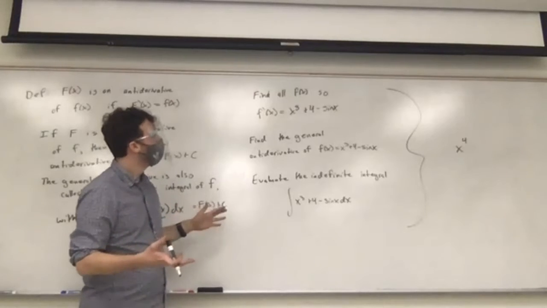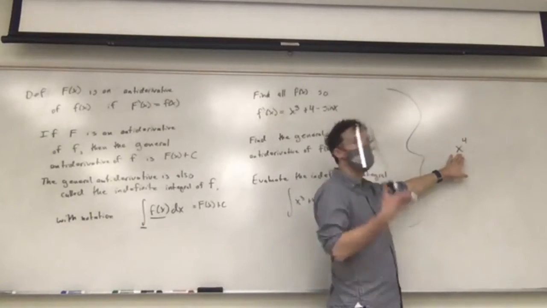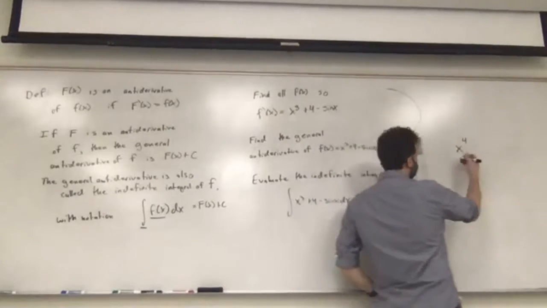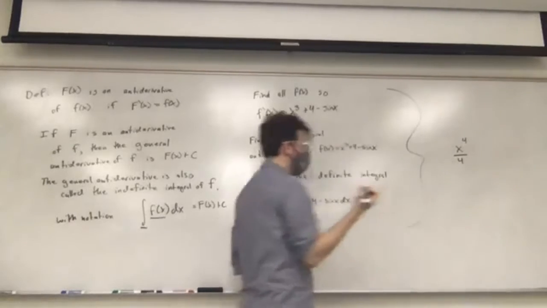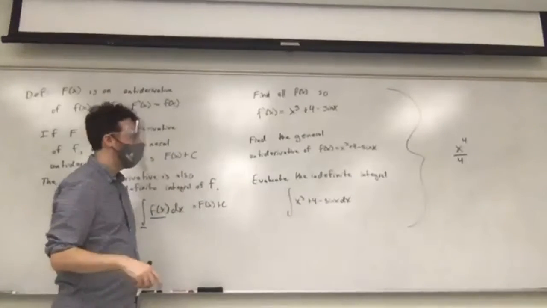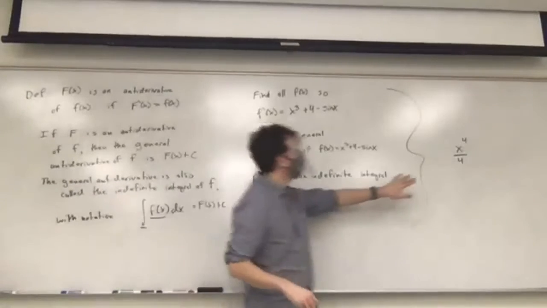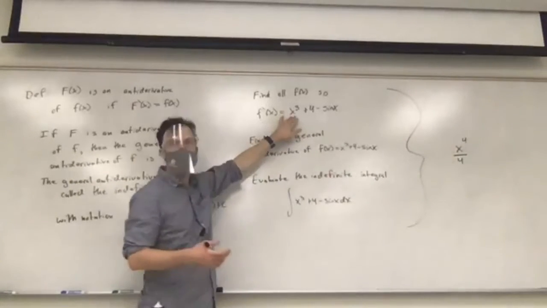If we differentiate x to the fourth, we get x cubed, the right power, but there's a constant we don't want. So if we started instead with x to the fourth over 4, that 4 in the denominator is there exactly to cancel the 4 that comes down from the power rule, and all you're left with is the x cubed.